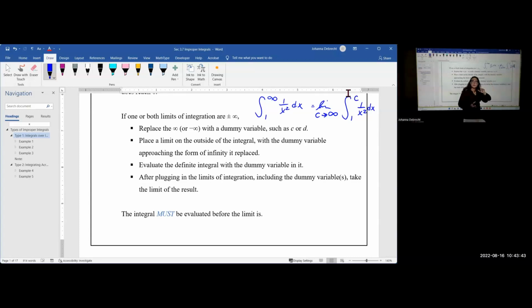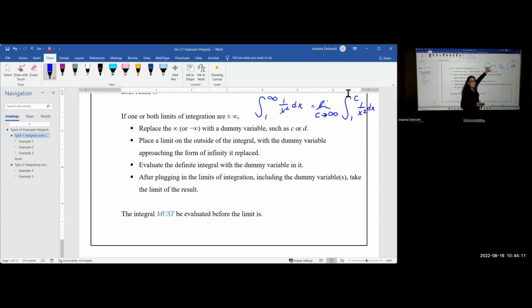And then when I'm completely done with that integral, then I take the limit of what's left with c approaching infinity. If that limit exists and is finite and real, that's what it means to exist, then I would say that this integral exists and is equal to that value.